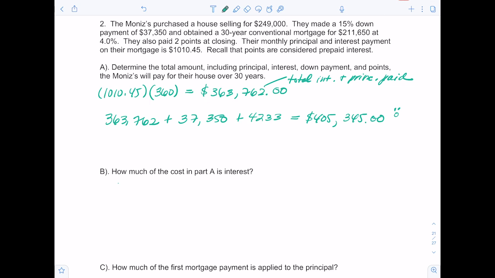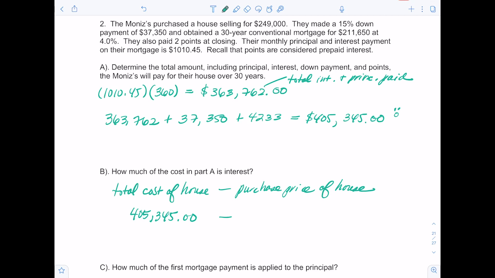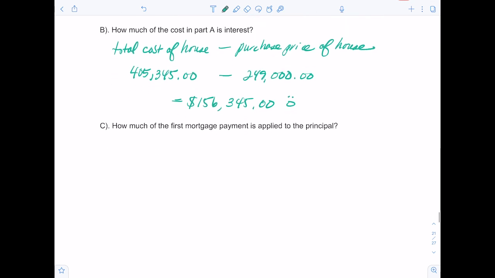So that would be $405,345 minus $249,000, and that gives us a grand total of a whopping $156,345. So that is how much in interest you would be paying if that was your loan, which is quite a large sum.